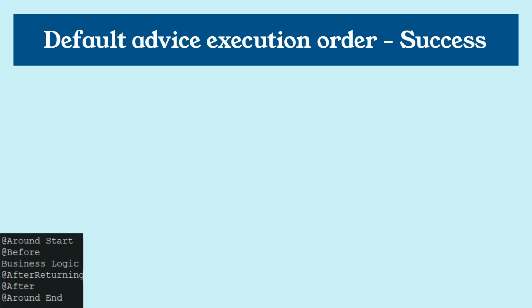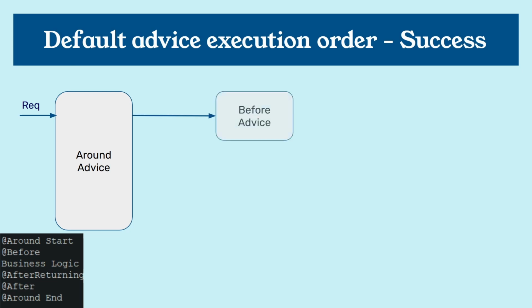Here you'll see at the corner the log from our execution. So basically what is happening is, whenever a request requests the actual business logic, the around advice is executed first. And once this around advice comes to that join point, it invokes before advice. Here, remember that around advice is not yet completed.